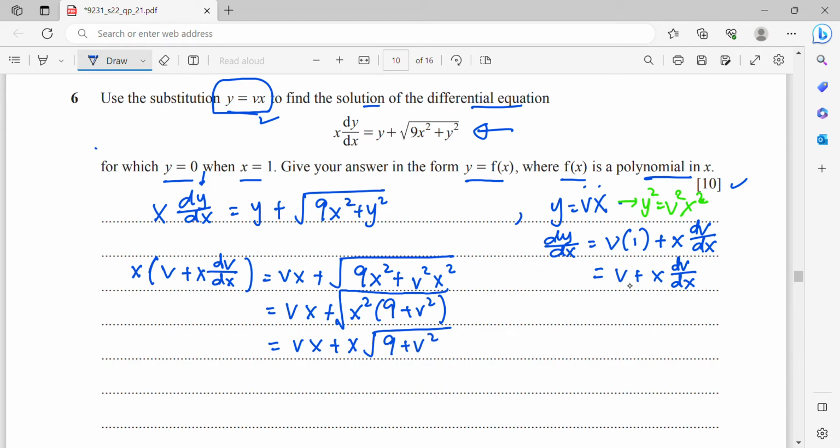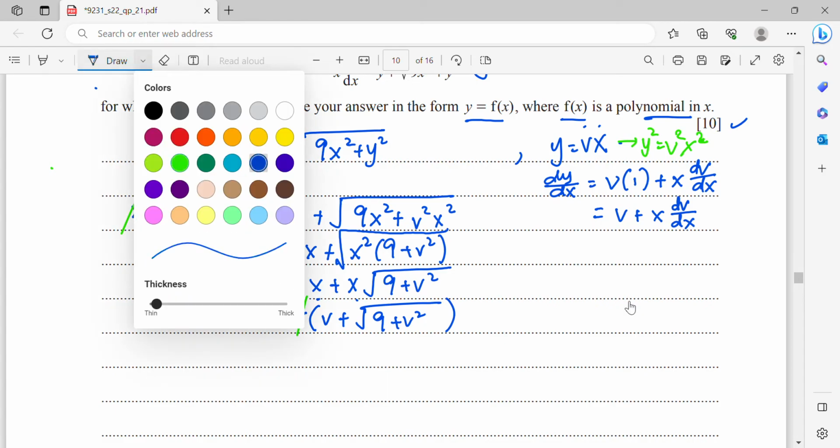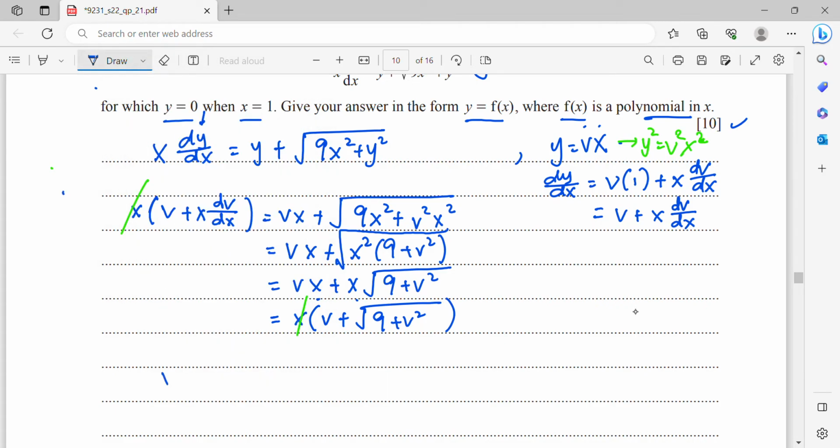Okay, and again for the right hand side, the x is in common. Therefore, I can further factorize the x. So I will get v plus square root 9 plus v squared. This is what I get at this moment. Okay, but then if you notice, the x appears on the left and right side. So I can cancel off these two x. Alright, so now the simpler form becomes v plus x dv dx equals v plus square root 9 plus v squared.